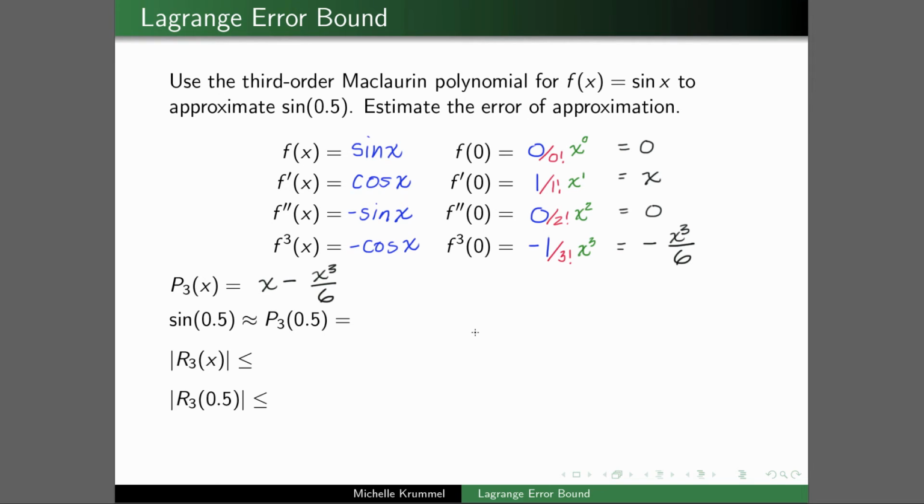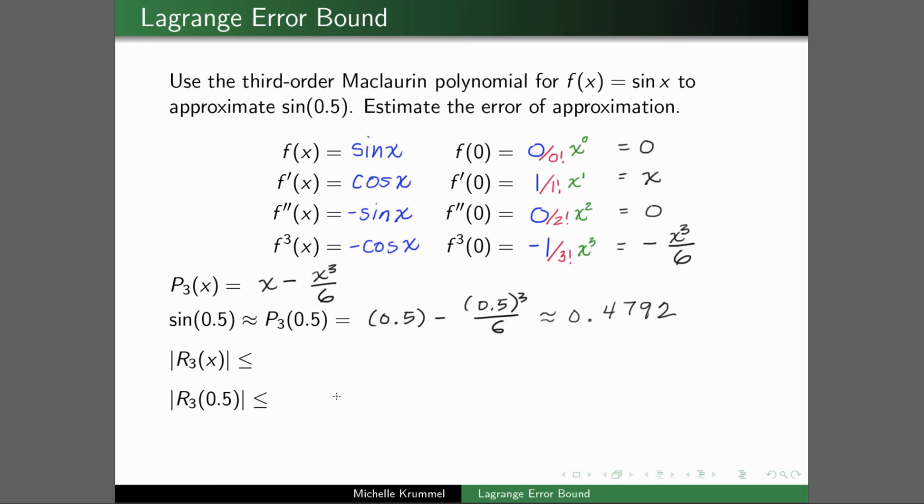The sine of 0.5 is approximately P of 0.5, which is 0.5 minus 0.5 cubed over 6, which is approximately 0.4792. That's my approximation for the sine of 0.5.